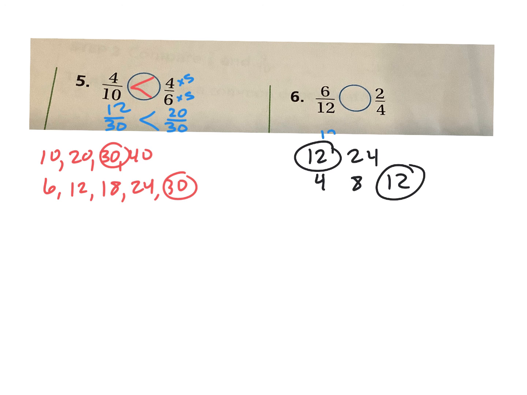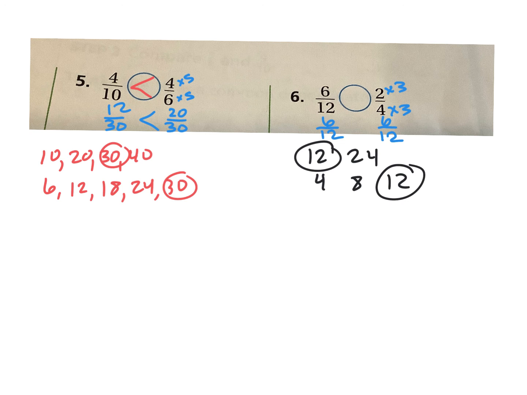So I want a 12 denominator here, which it already is, and I want a 12 denominator here. In order to get 4 to become a 12, I had to go 1, 2, 3 times, so I multiplied by 3. And I have to do the same to my numerator to make sure they stay equivalent. 2 times 3 is 6. And look, 6 is equal to 6.